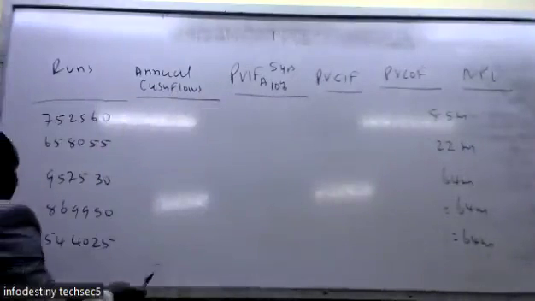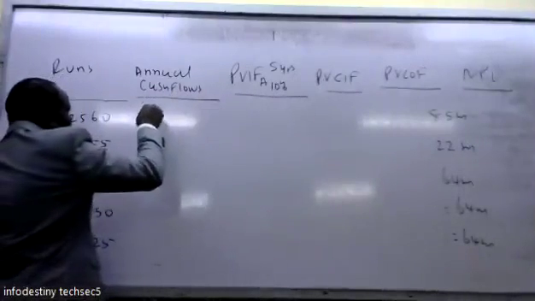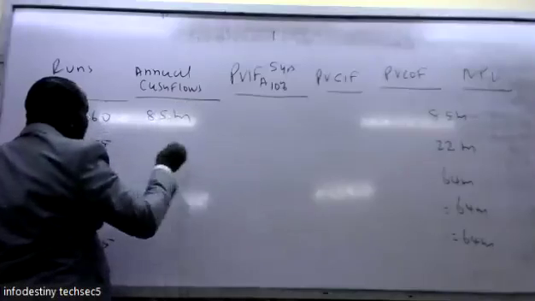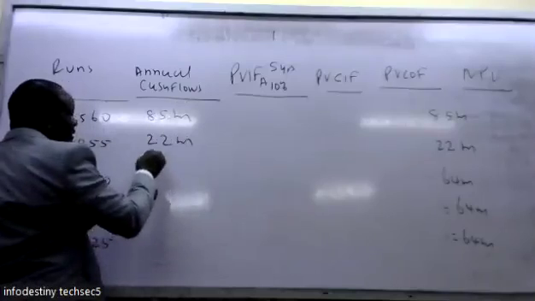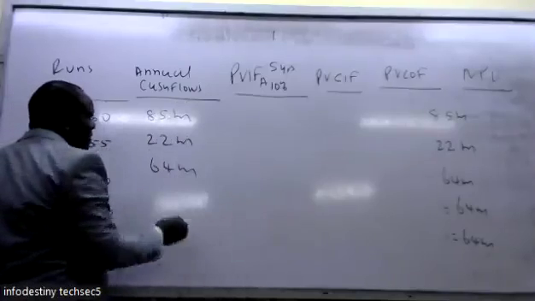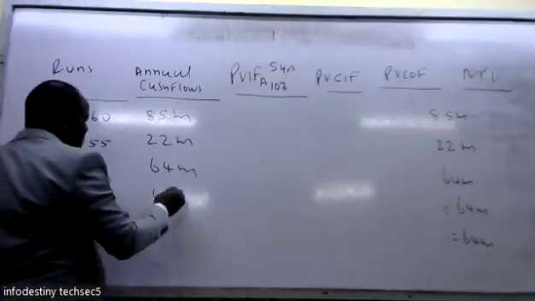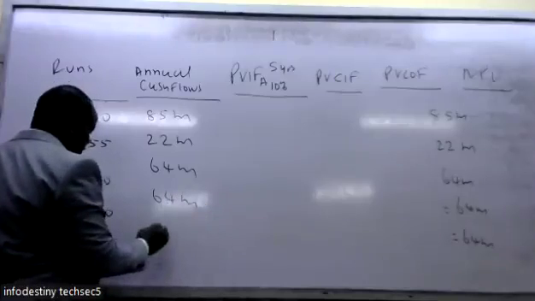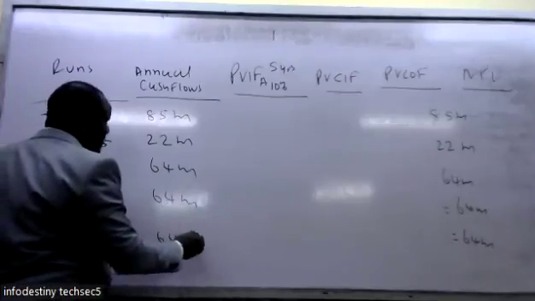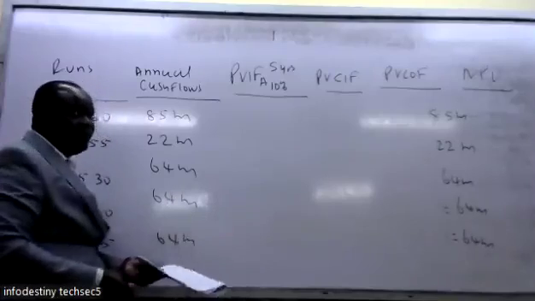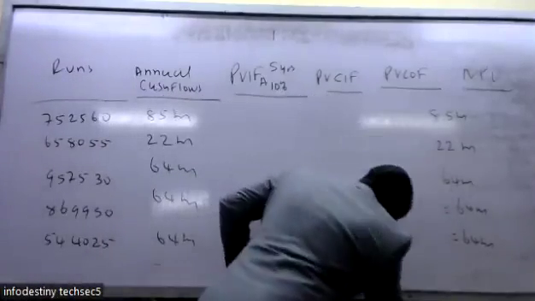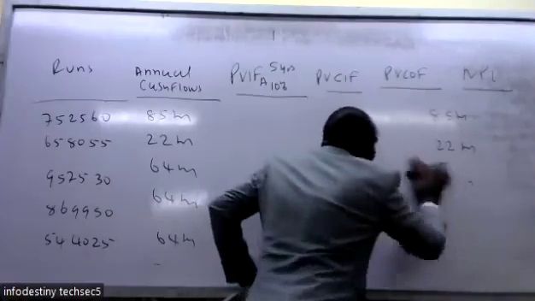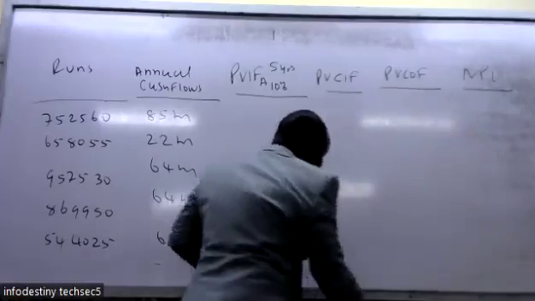The first run is 85, the second run is 22, the third is 64 million, also 64 million, also 64 million. Those are the cash flows that we have just calculated as our annual cash inflows.